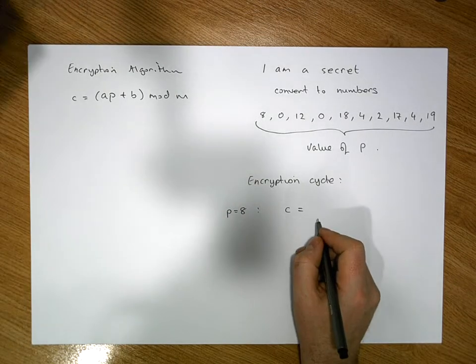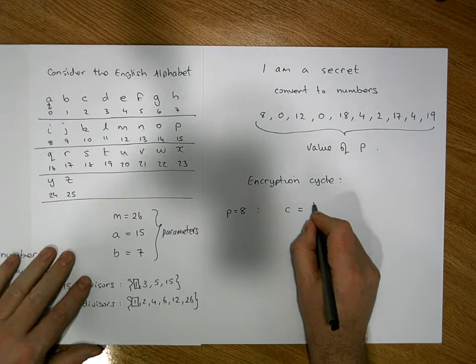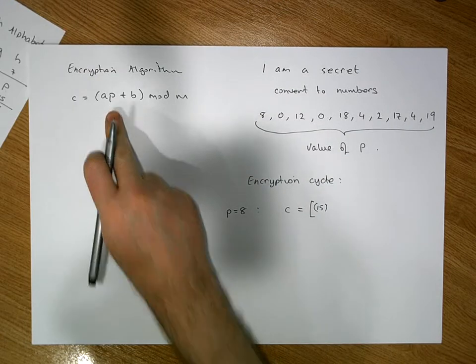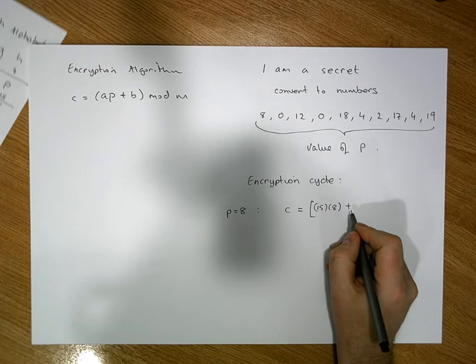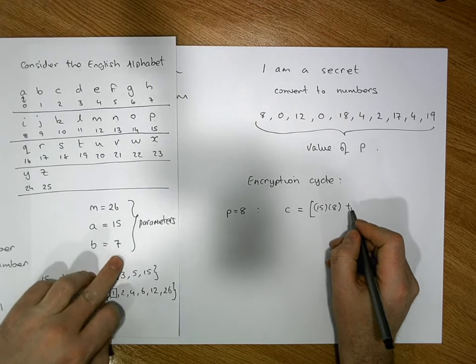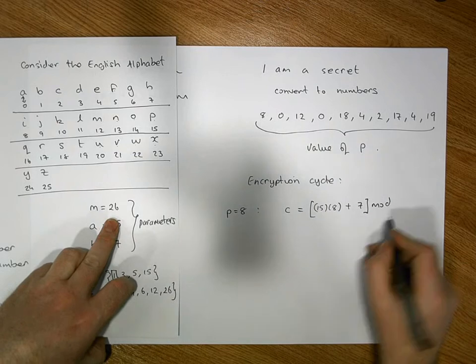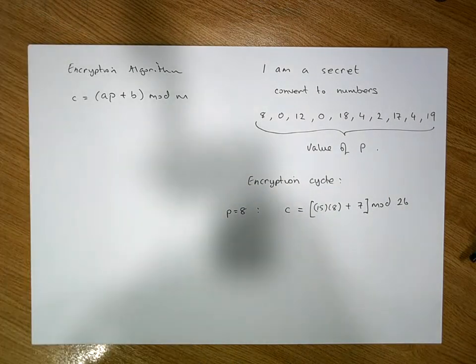We've chosen A to be 15, times our plain text, which is 8, plus our B value. We've chosen B to be 7, and we need to calculate that modulo the size of our alphabet, which is 26. So let's do this and see what we get.